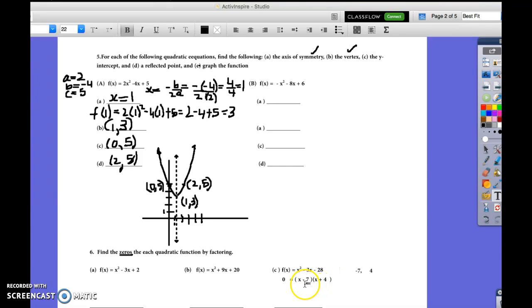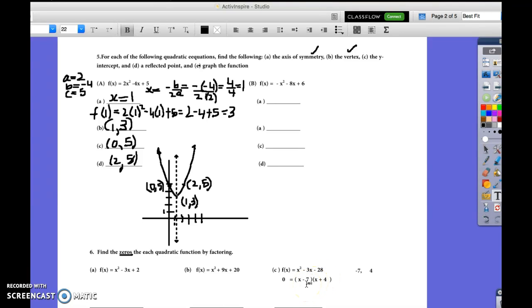Now, if you're looking for the x values, maybe you can see it from a mile away: if you multiply 2 things together, one in this parentheses and one in the other, then either this one has to be 0 or this one has to be 0, because 0 times anything will be 0, or anything times 0 will be 0.